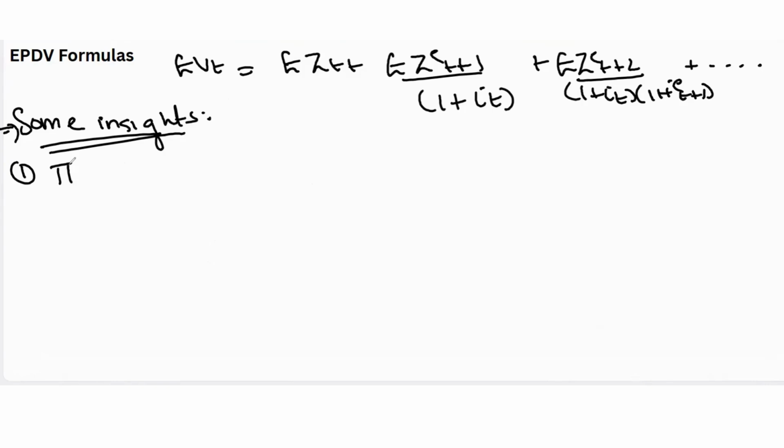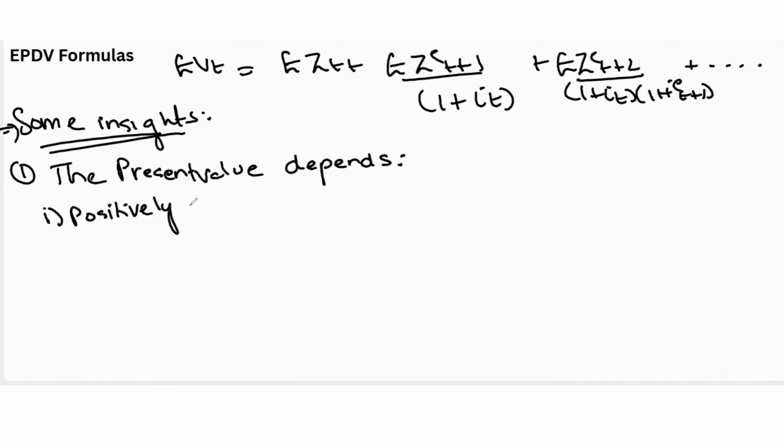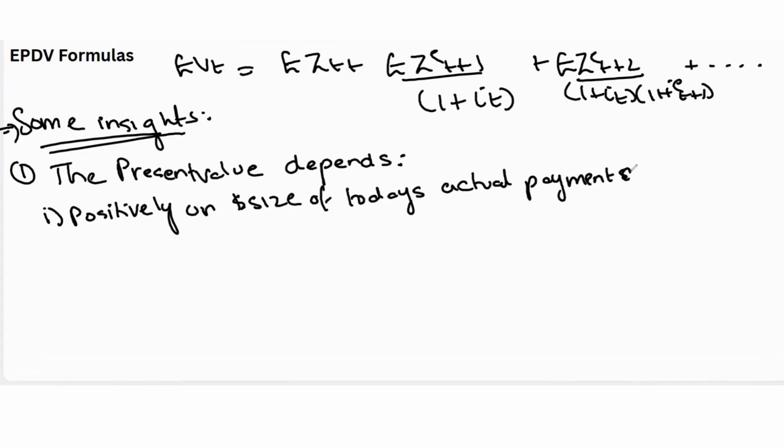Insight number one: the present value that we calculated depends positively on the size of today's actual payment, which is z_t, and expected future payments.